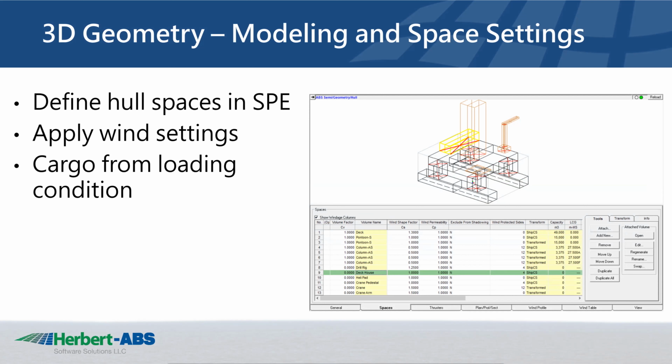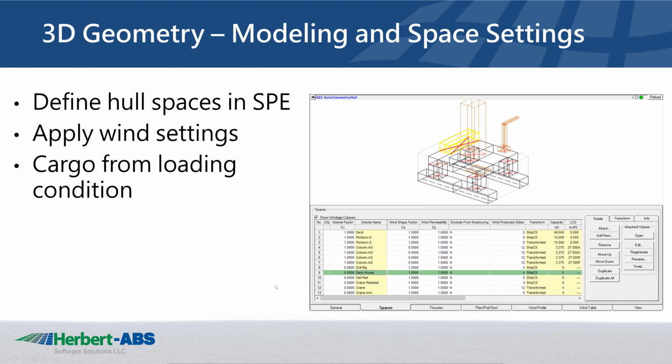In terms of actual buoyant volumes, we have our deck, columns, and pontoon, as well as all of our topside geometry with the drill rig in the middle, a deck house, crane off the port side, and a helipad. We'll give all our buoyant spaces the appropriate volume factor and any non-buoyant spaces on the top side a 0 to show that they're just geometry for wind.